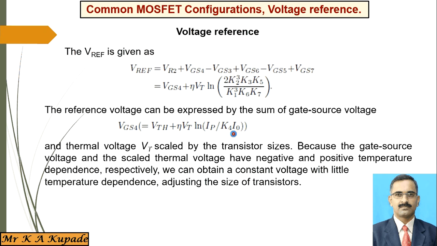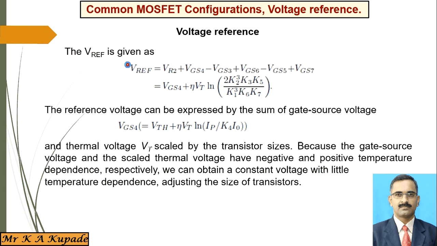Because the gate to source voltage and the scaled thermal voltage have negative and positive temperature dependence respectively, we can obtain a constant voltage with little temperature dependence by adjusting the size of the transistor. So this is all about that.